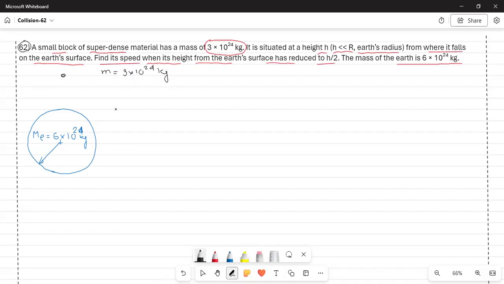The first thing that should come to your mind is that the small mass is equal to the mass of the Earth divided by 2. Just half the mass of the Earth, or capital M by 2. And this body is at a height h.